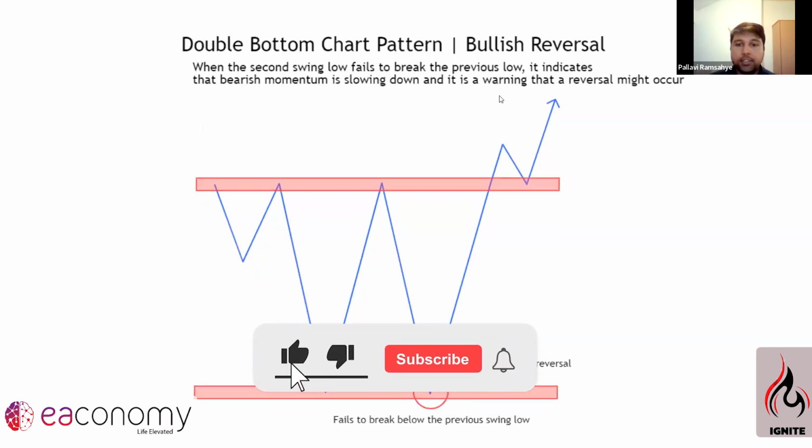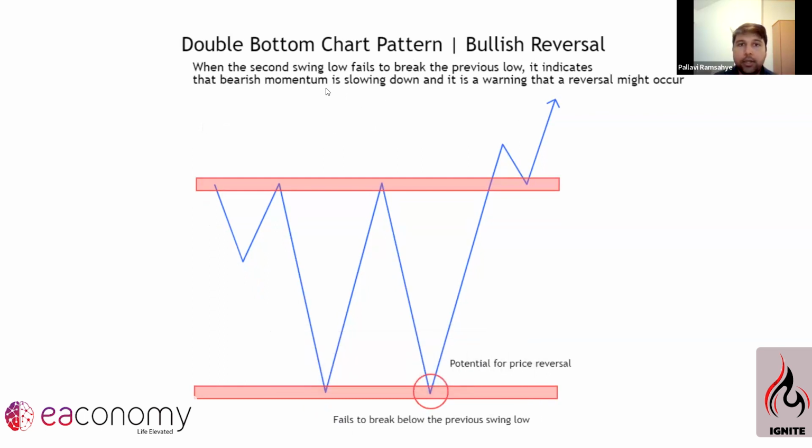So the next point that we're looking for is with the second swing low, we're looking to identify where it's going to be supported, okay? So at this point here, this level here is the support level, right? And we know that because it's failing to break past that previous low, okay?